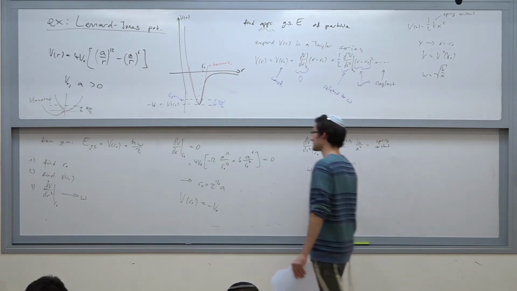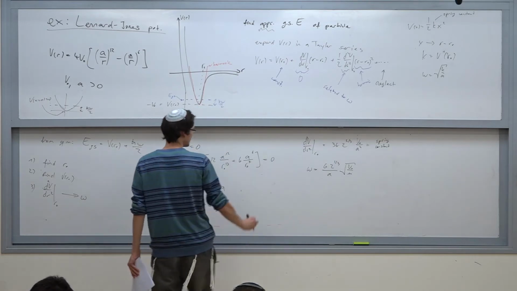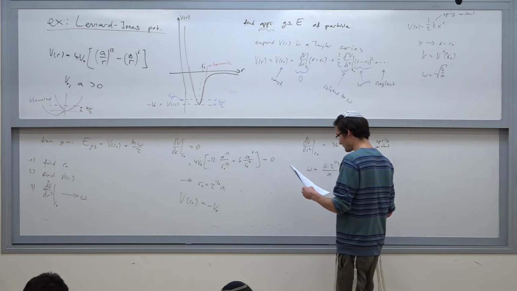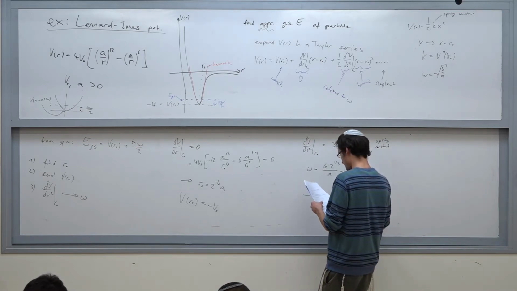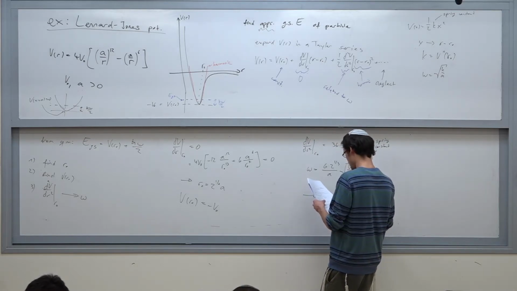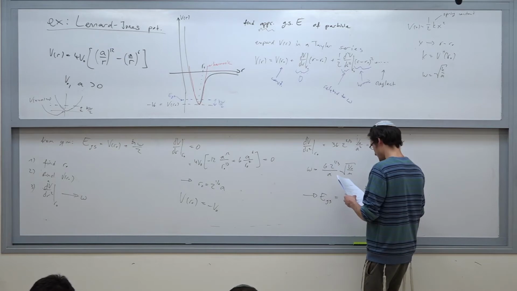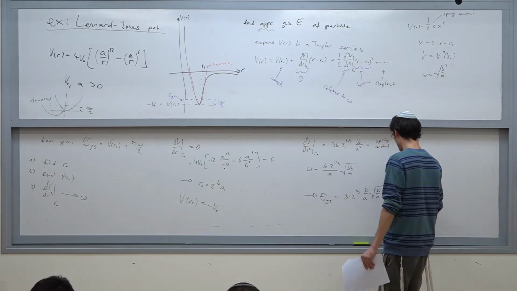And then we can plug this back into the ground state energy. And there we go. The ground state energy is 3 times 2 to the 1/3 h bar over a times the root of V0 over m, minus V0.